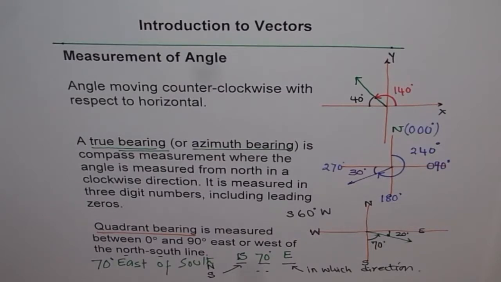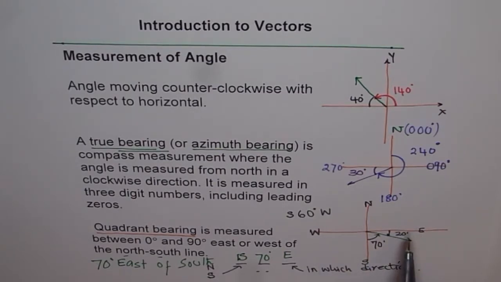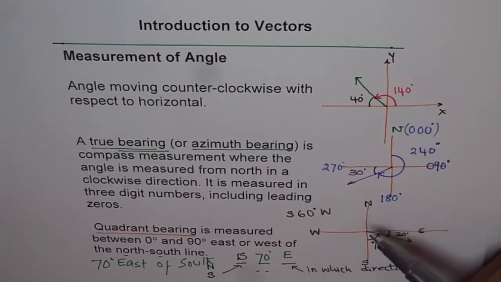So these are common ways of referring to the angle in vectors, but I have seen in books they sometimes write the angle even with east and west, right? So instead of strictly following quadrant bearing, they may write this as 20 degrees of east. They may refer to it in some other ways.